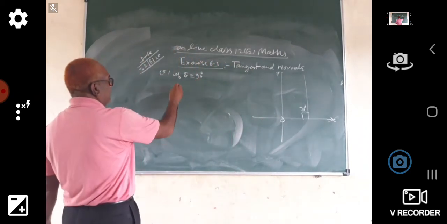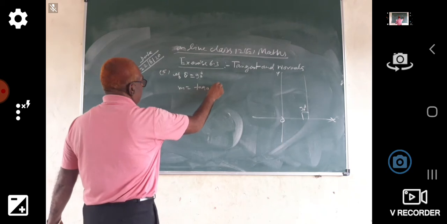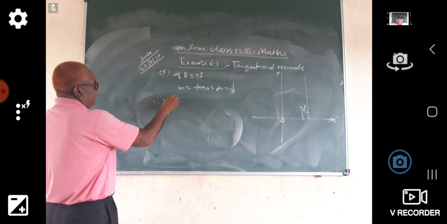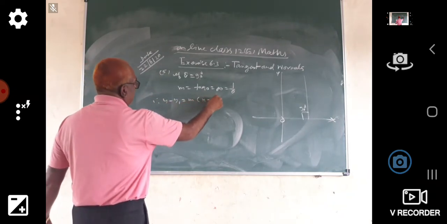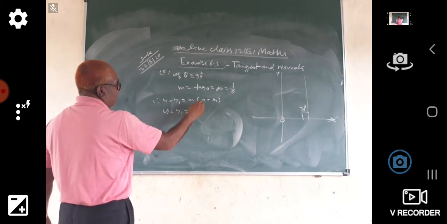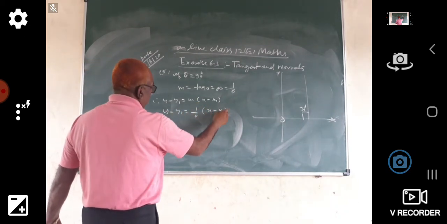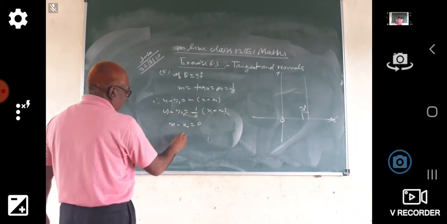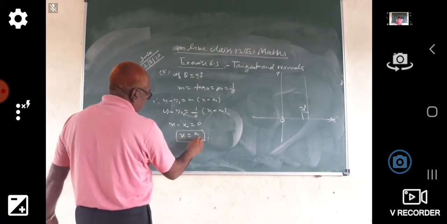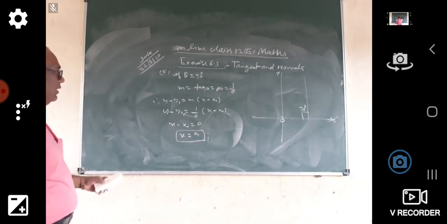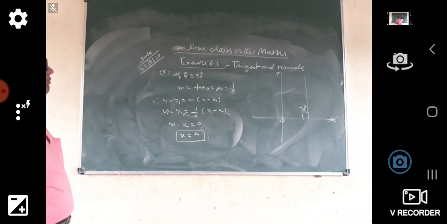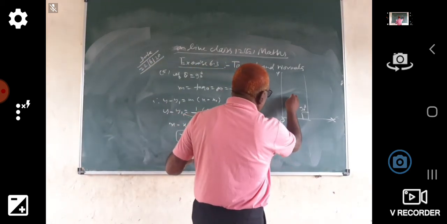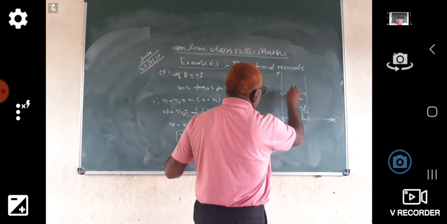If theta is equal to 90, then m is equal to tan 90, which is infinity. So the equation of the tangent, y minus y1 is equal to m into x minus x1, becomes y minus y1 is equal to 1 by 0 into x minus x1. By cross multiplication, x minus x1 is equal to 0, so x is equal to x1. So if theta is equal to 90 degrees, then the line will be parallel to the y-axis, at the distance x is equal to x1.